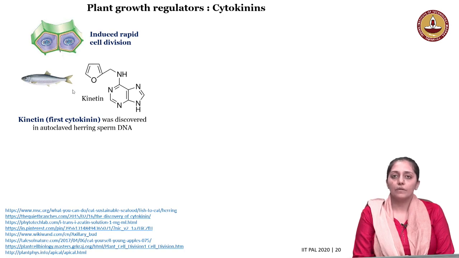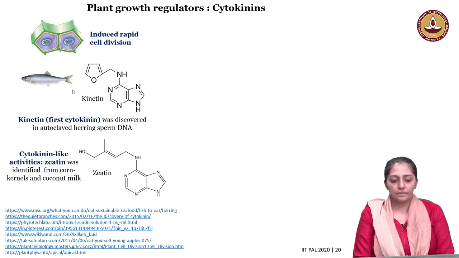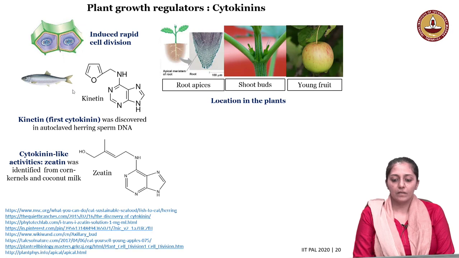Later, it was found to be produced in plants. Zeatin is another cytokinin, which was identified in corn kernels and coconut milk. They are generally found near the root apices, shoot buds, and in the young fruits. You will find higher concentrations of cytokinins at these places in the plant.